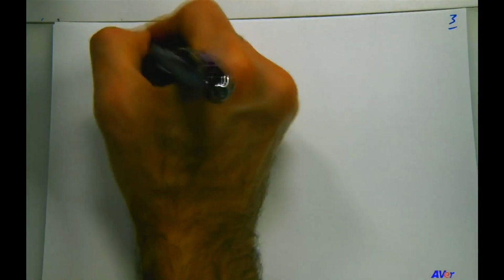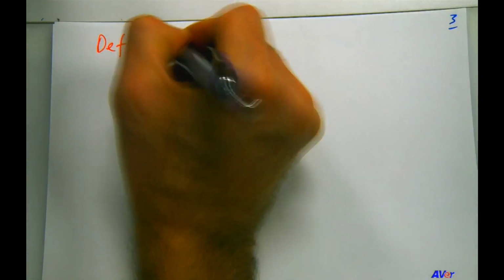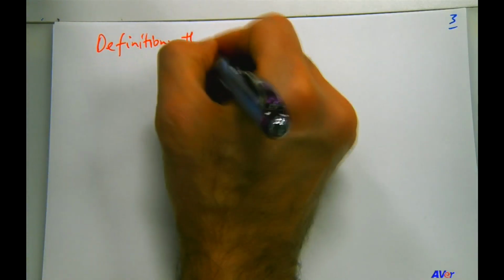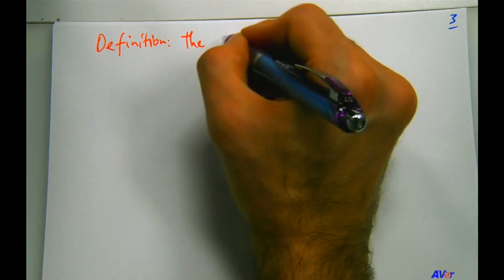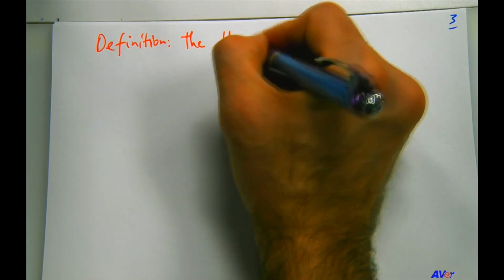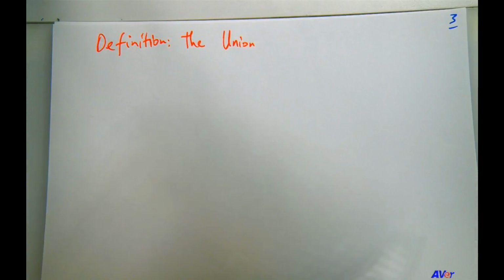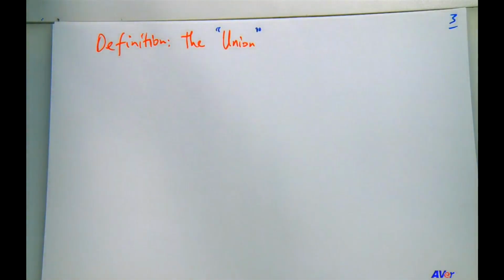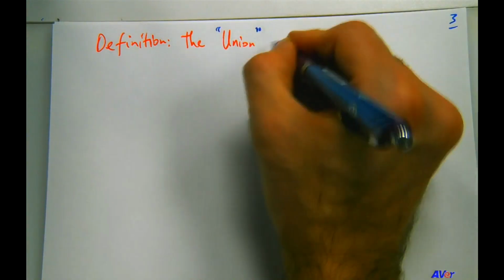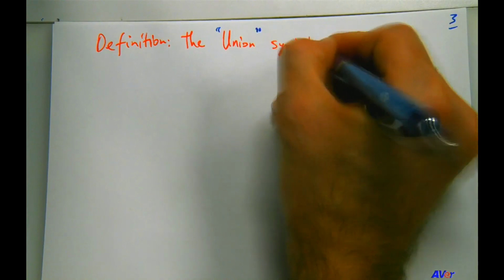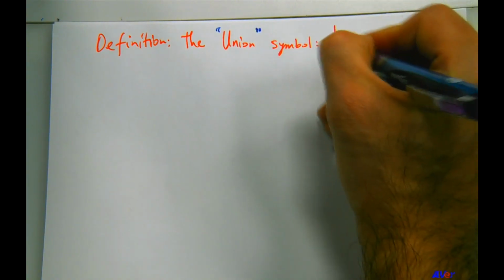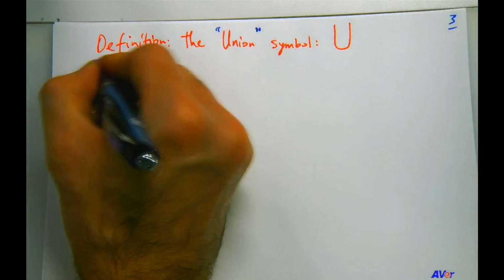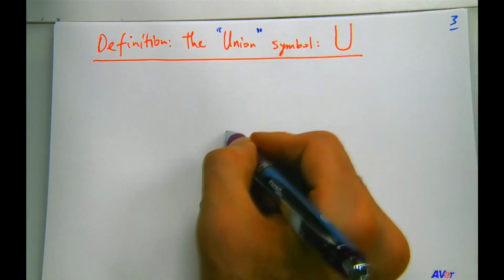Here we have the definition of the "union," and I'm going to put this in quotation marks because that's what we call it, the union symbol, which is this, like that.